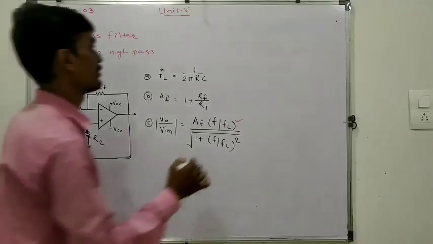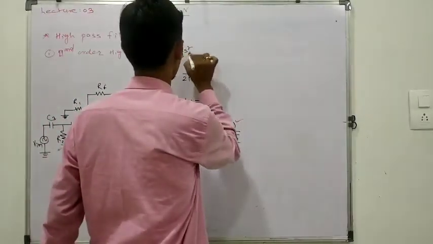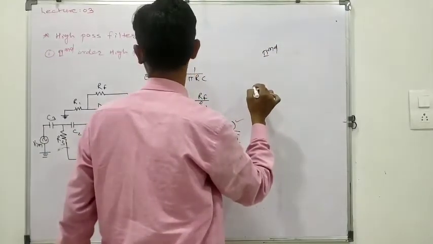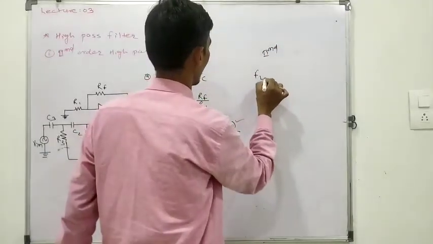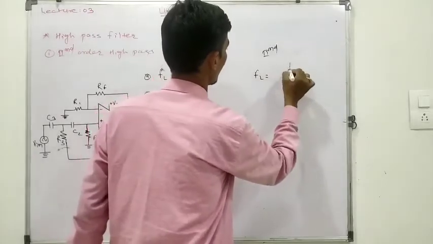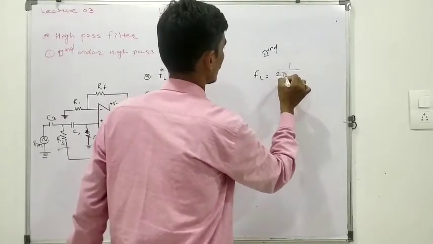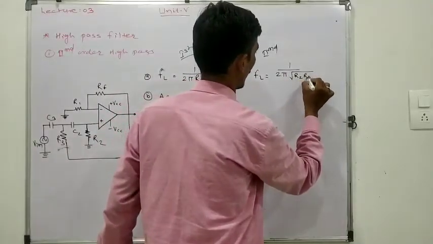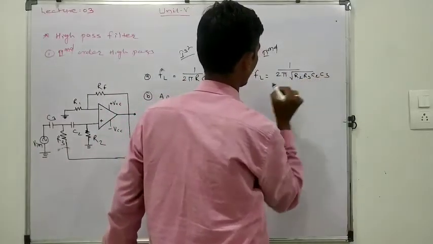Now the formula for the second order, this was for the first order. For the second order high pass Butterworth filter, FL is equal to 1 upon 2 pi under root of R2 R3 C2 C3.